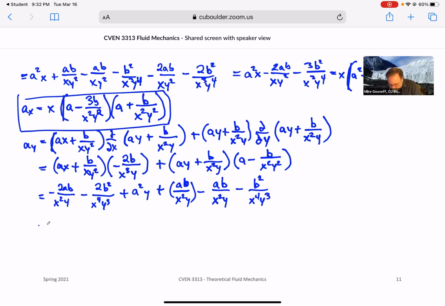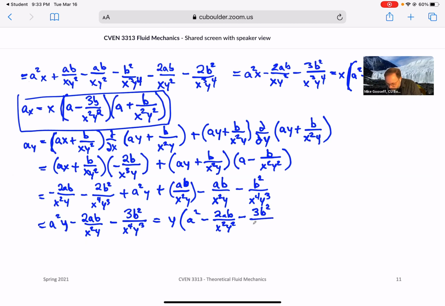And then we take this another step and we say a squared y minus 2 times a times b over x squared times y minus 3b squared over x to the fourth y to the third is equal to then y times a squared minus 2 times a times b over x squared y squared minus 3b squared over x to the fourth y to the fourth.